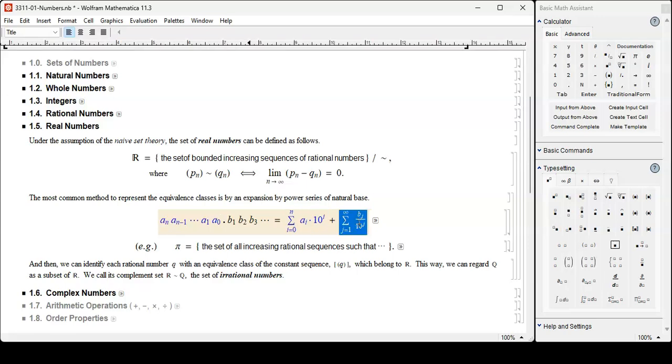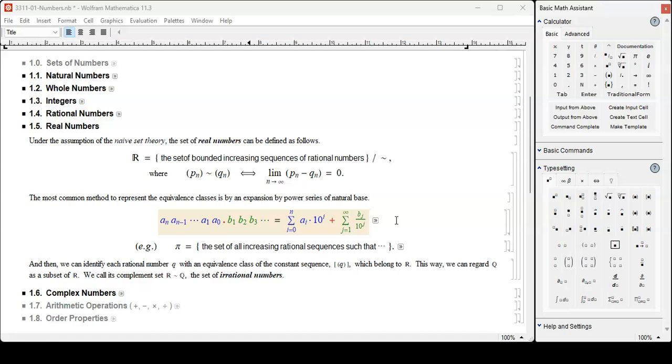And then the infinite series part is the decimal part. And then the decimal point here, that's a separator. Make sense? And then this infinite series part can be considered a sequence of partial sums, and that sequence is bounded and increasing.